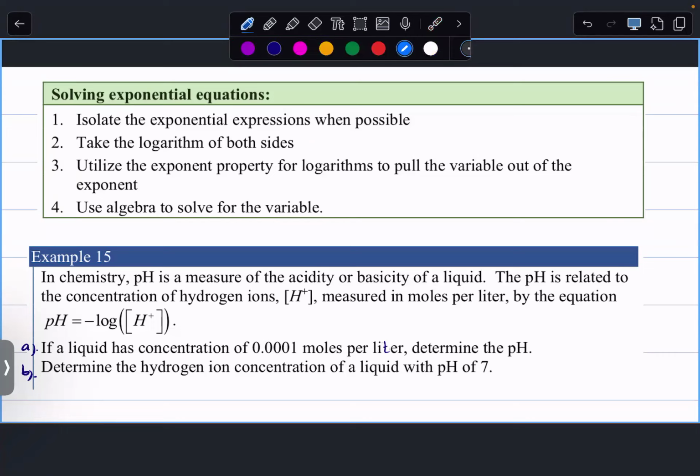The exponent property is if you have the log, a generic log, of a to the power of x, that's the same as x times the log of a. Bring that power downstairs.